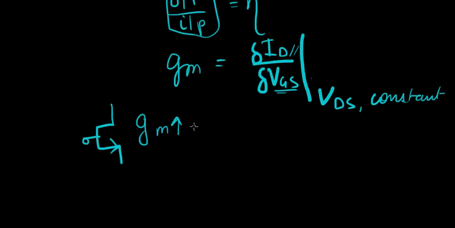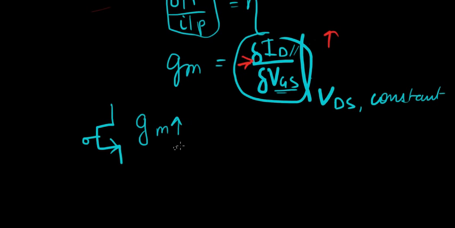If someone says my MOSFET has a high GM, that means in this equation your numerator is high, correct? That's when your GM can go high. If your numerator is high, obviously, relatively speaking, your denominator is low, correct?